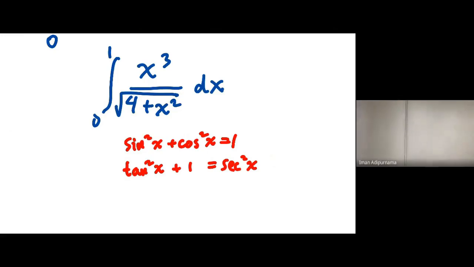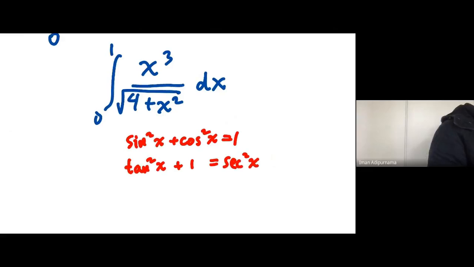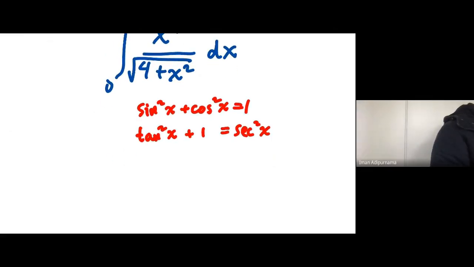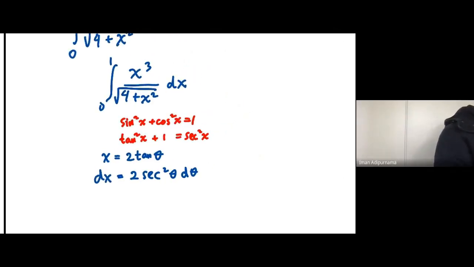Okay. So I believe the tangent, right? So if we let x be 2 tangent theta, then dx will be 2 secant squared theta d theta. And we can solve it.